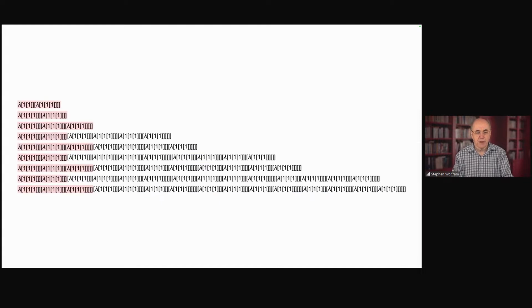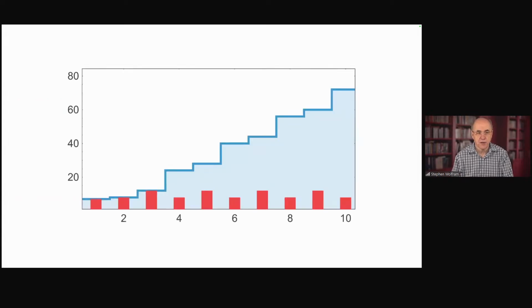So that's what happens to the expressions. At each step, the first lambda is undergoing beta reduction. And we can conveniently indicate this when we plot the successive sizes of lambdas. So there we are, and those red bars represent the parts of the lambdas, written out in effect vertically, that are undergoing beta reduction.